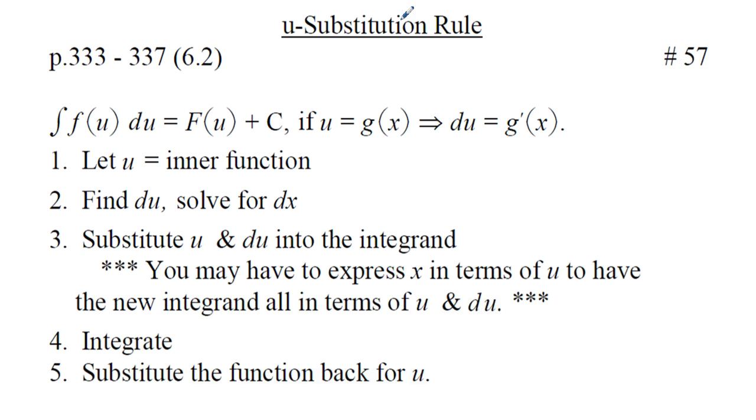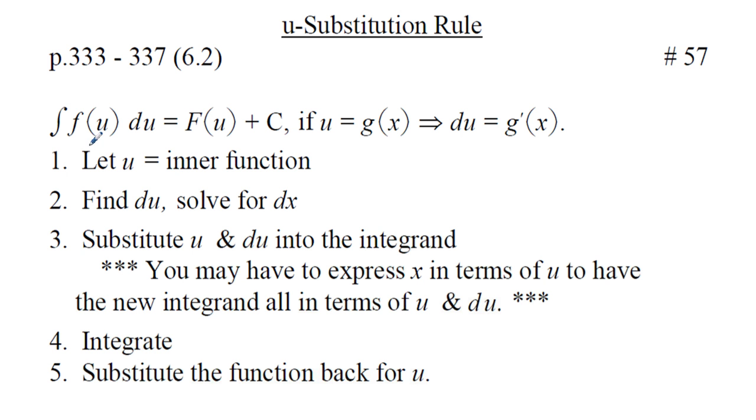The use substitution rule is, in a way, analogous to the chain rule in differential calculus, in that you apply this rule when you have a composition of a function, and we're going to get into what that is. And here are the rules.